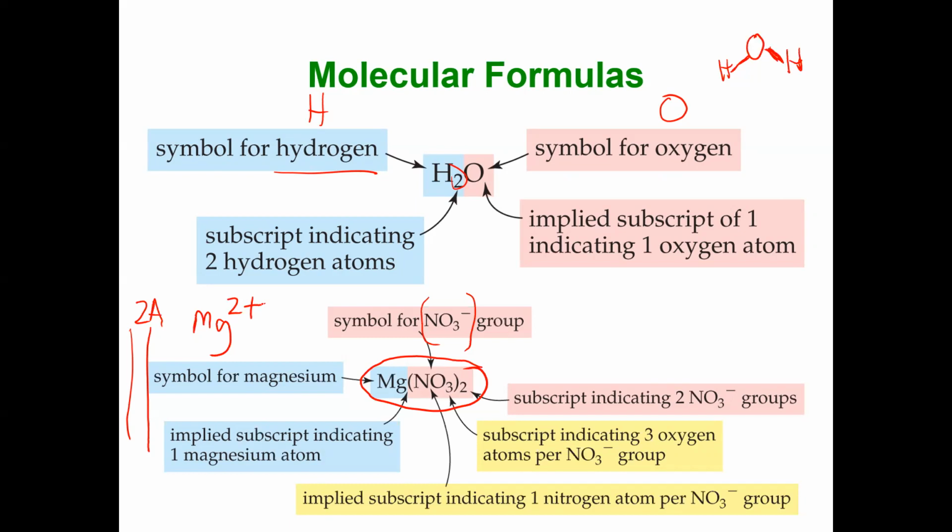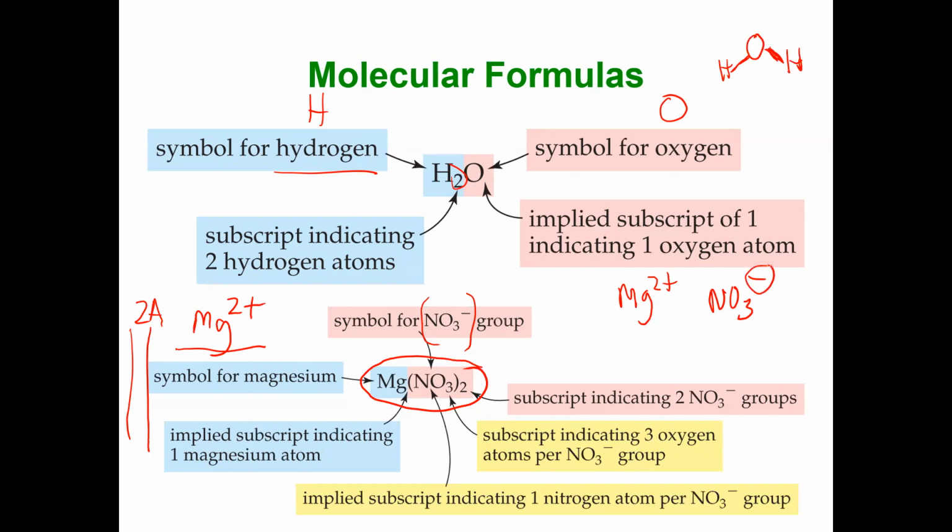Now, magnesium here is not an atom, it's an ion, but atoms and compounds are neutral. So how do I get magnesium as an ion with a 2+ charge and nitrate, which as a group has a negative charge, to form a neutral compound where there is no charge?